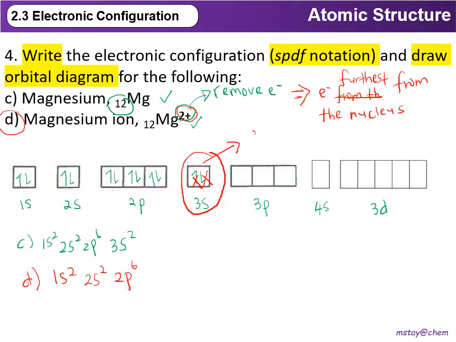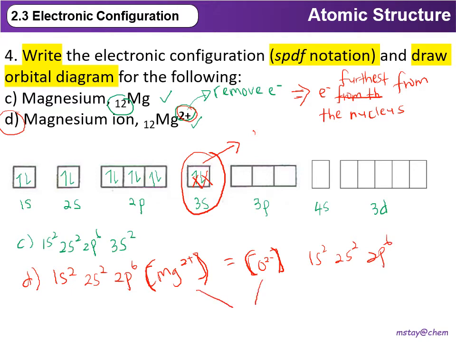After removing these 2 electrons, the electron configuration for Mg2 plus becomes 1s2, 2s2, and 2p6. If you notice, this electron configuration is similar to the electron configuration of the O2 negative ion, also 1s2, 2s2, 2p6. Now I just want to introduce one term.